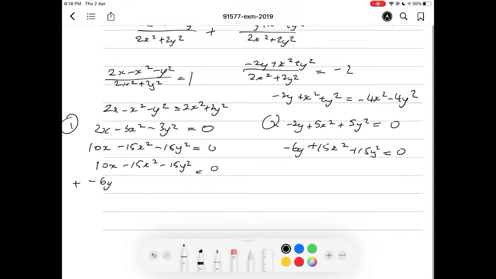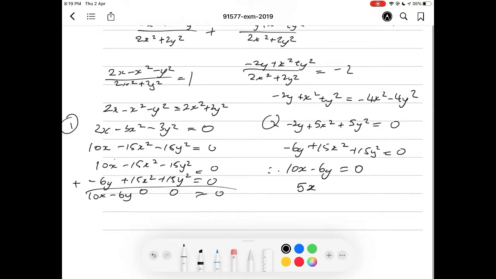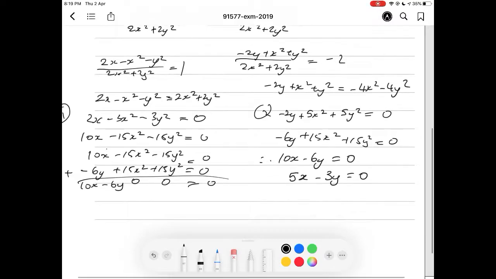So this cancels out to be 0 and 0, and we have 10x − 6y equals 0. Therefore, if we divide everything by 2 to simplify, 5x − 3y equals 0. We can say that 5x equals 3y, and therefore y equals 5x over 3.